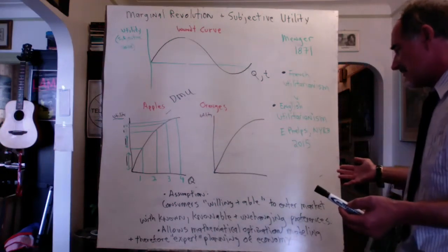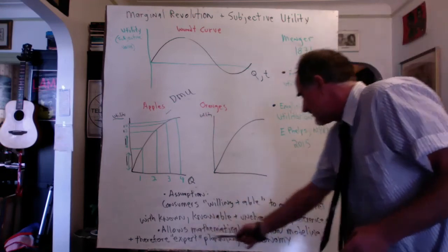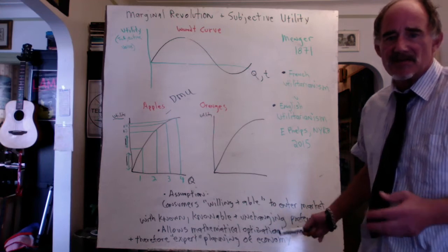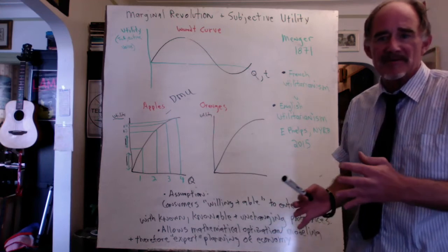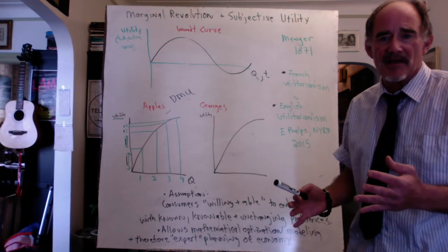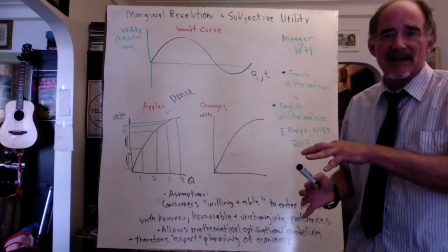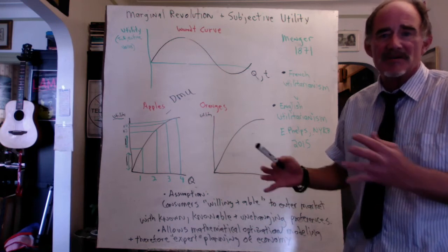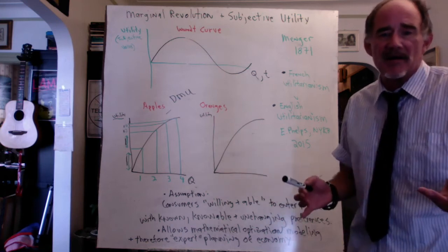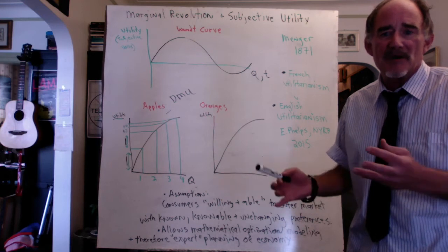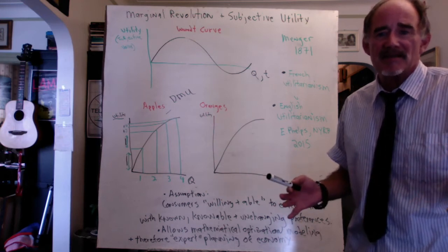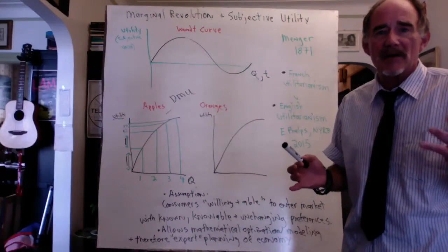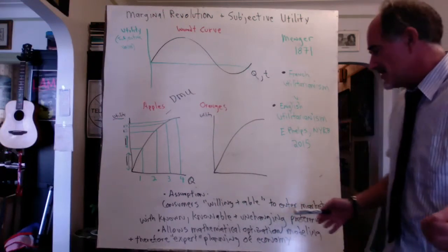Making these assumptions allows mathematical optimization modeling. Then you can start modeling preference curves and production functions, and then using the idea of utility maximization to model the economy, which then allows experts to model and tweak and guide the economy, Keynesian experts in regulation and macroeconomic policymaking.